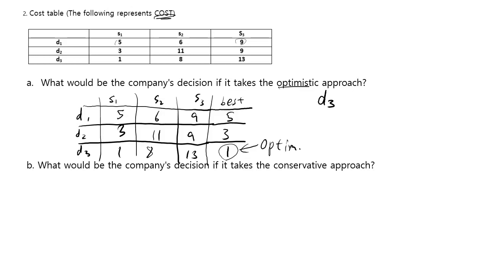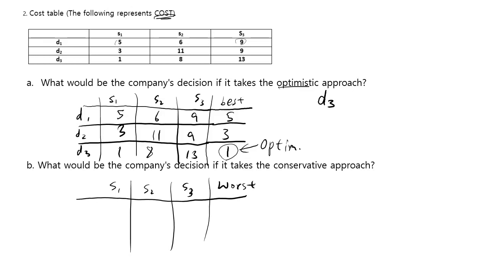Now, what would be the company's decision if it takes the conservative approach? Same thing. Conservative looks for the worst case scenario. It's always preparing for the worst. That's what conservative means. For the 3 decisions, let's try to find the worst case scenario for each.